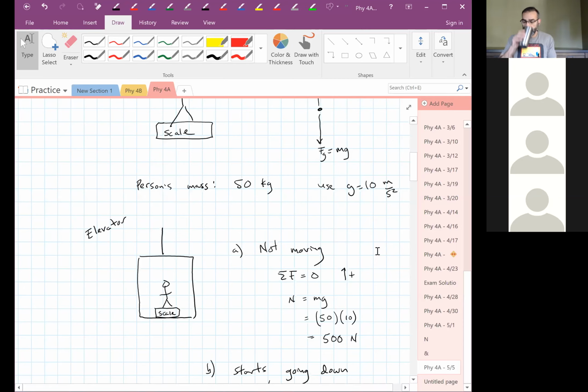Apparent weight. Okay, let's take a look at a car going over a bump in the road. Let's do that.